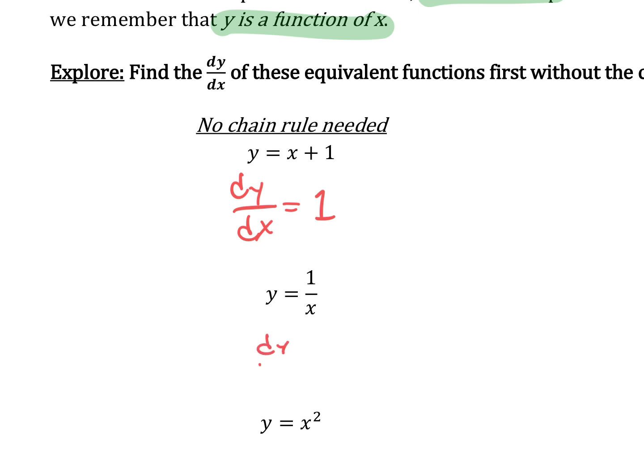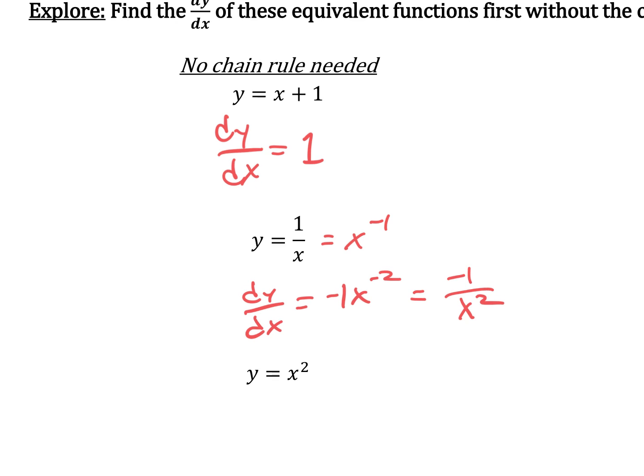Here, the derivative of this, dy/dx, well, this is x to the negative 1. So let's drop that negative 1 down and write this as x to the power of negative 2. So this is negative 1 over x squared. And the derivative here, dy/dx, is 2x to the first. Now, those are all explicit functions.